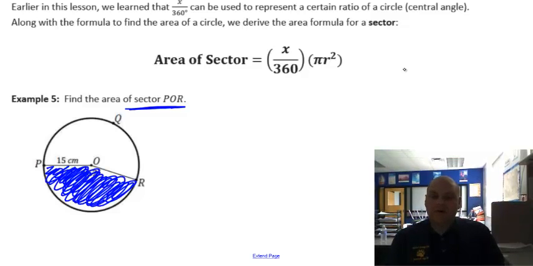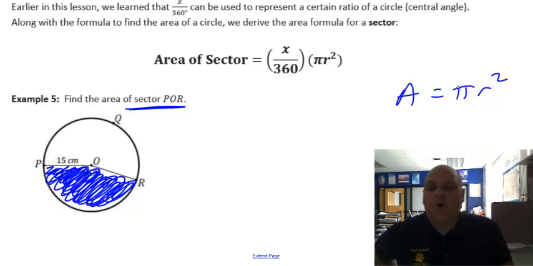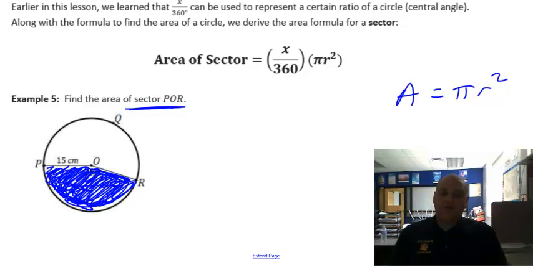Remember, area of a circle is pi r squared. But I don't want to find the entire area of the whole circle. I only want to find the area of this sector right here.